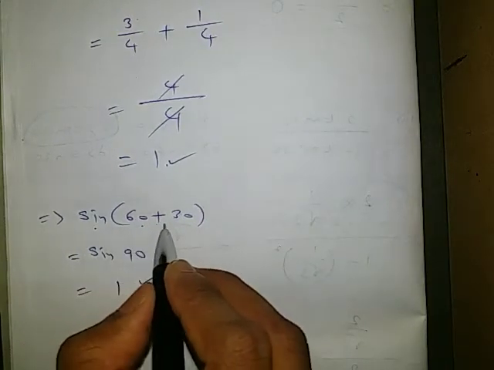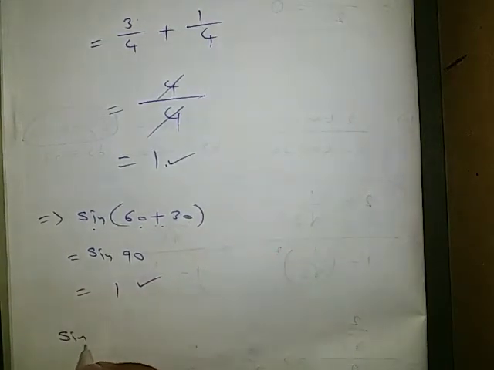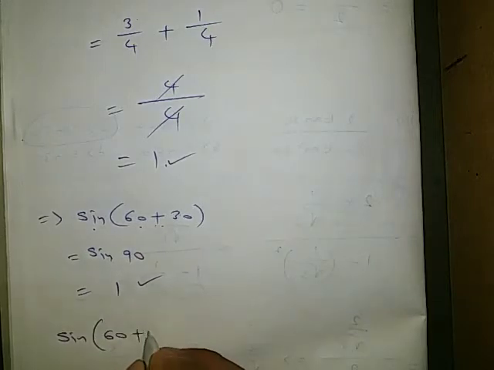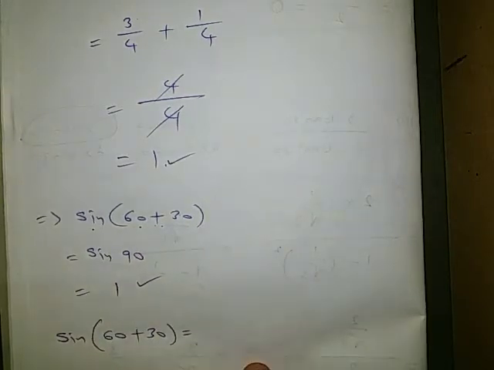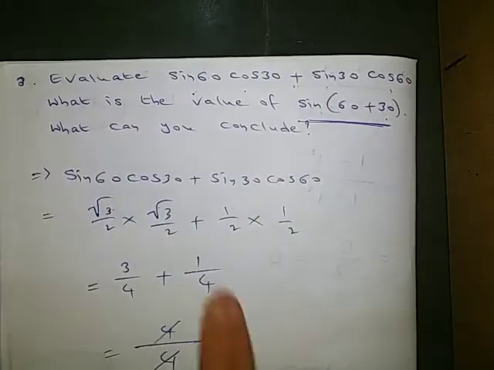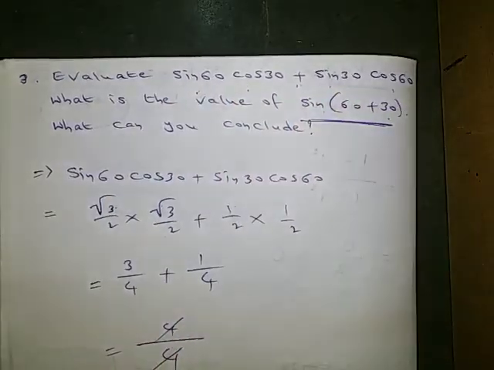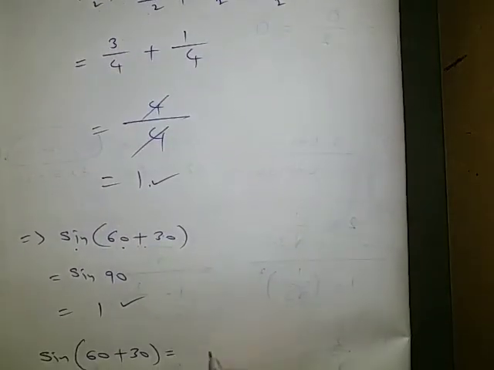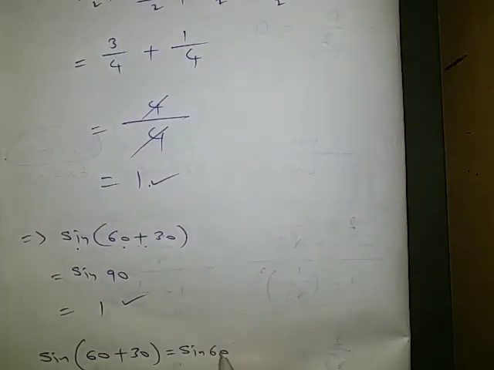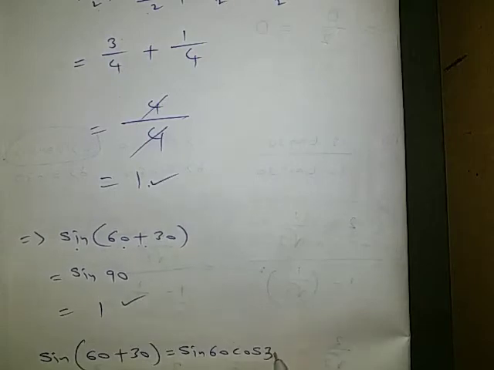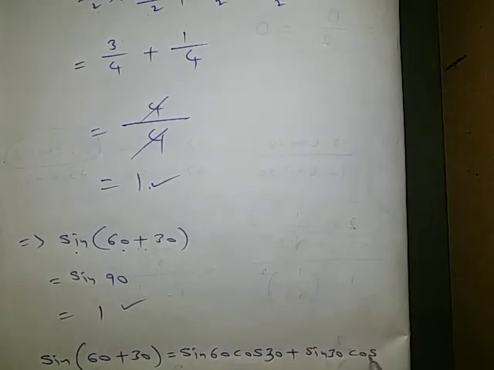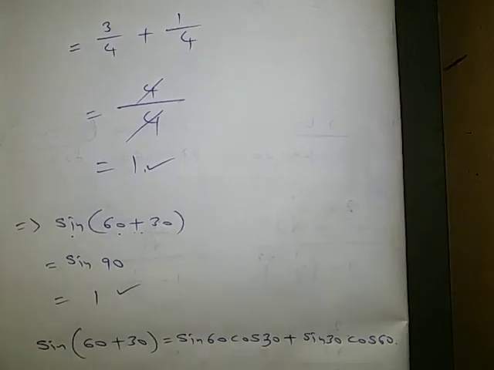Sin of 60 plus 30 is equal to sin 60 cos 30 plus sin 30 cos 60.